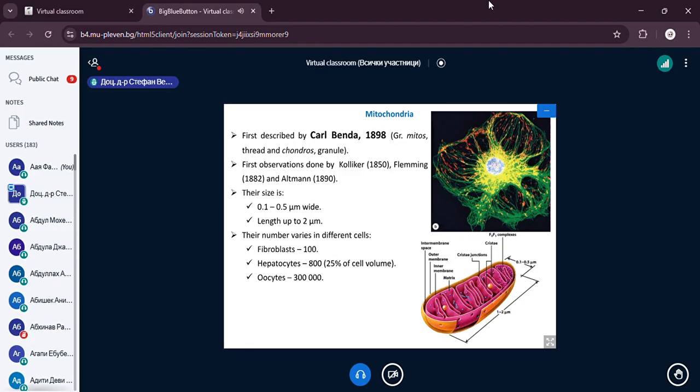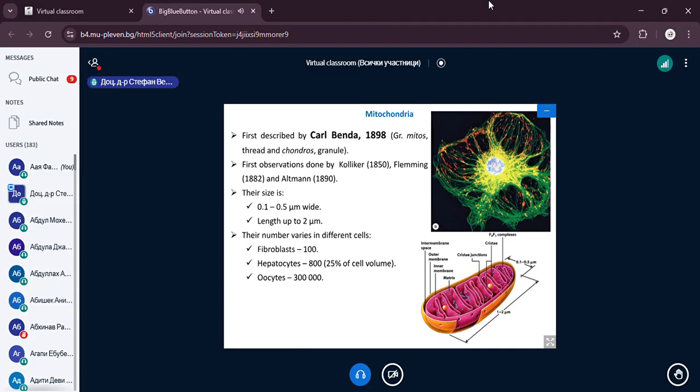They might be quite small, 0.1 to 0.5 microns. That's around the resolving power of the most efficient bright field microscopes. But some mitochondria can reach a length of 2 microns, which is quite large for an organelle.